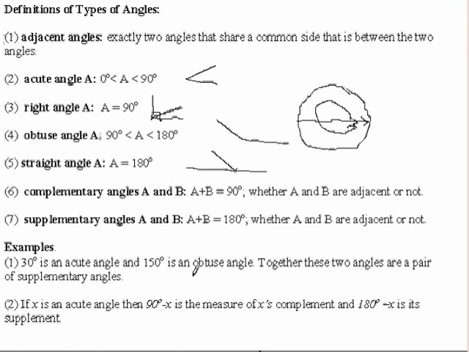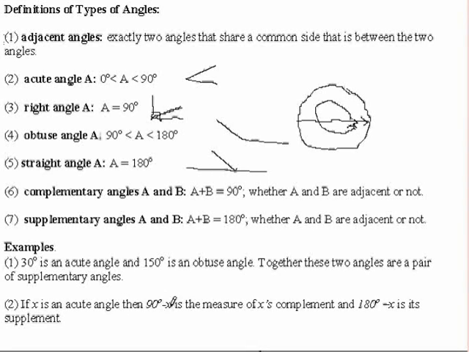You've got a 30 degree angle as an acute angle, 150 degrees is obtuse, and because the sum of those two angles is 180, then you have a pair of supplementary angles. Or more generally, if x is an acute angle, then we know it's between 0 and 90, and therefore can have a complement.